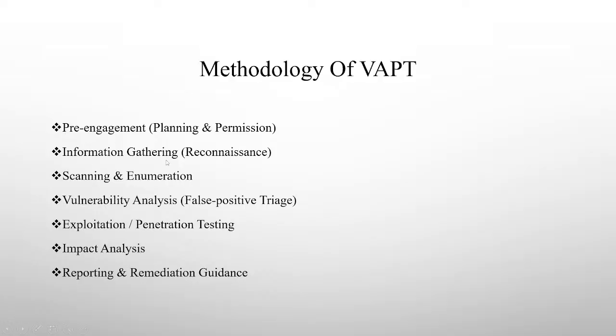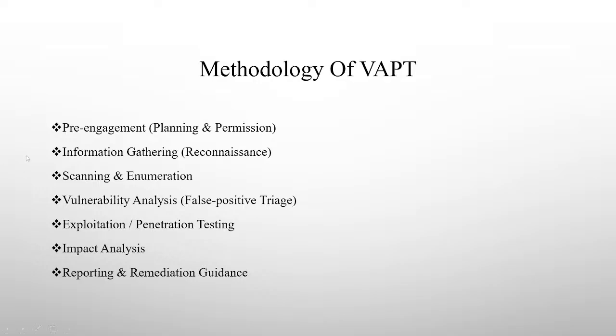The second one is information gathering. If we are going to test any website, this is a very important step. We must have information about that website: on which port it is running, what the backend technology is, meaning the full tech stack of the website, and which server it is running on.